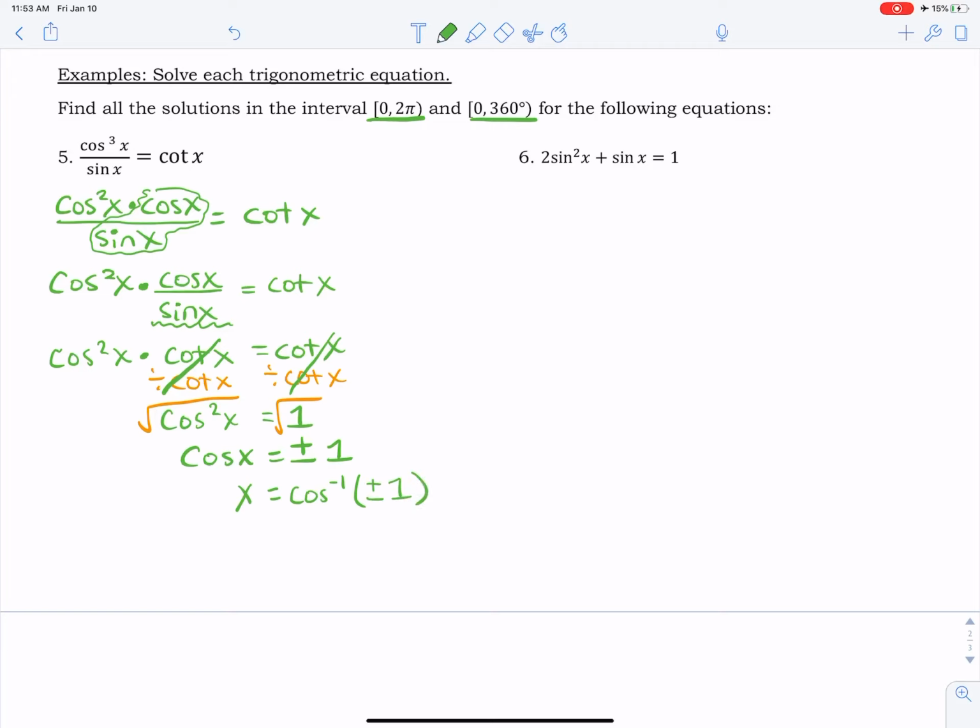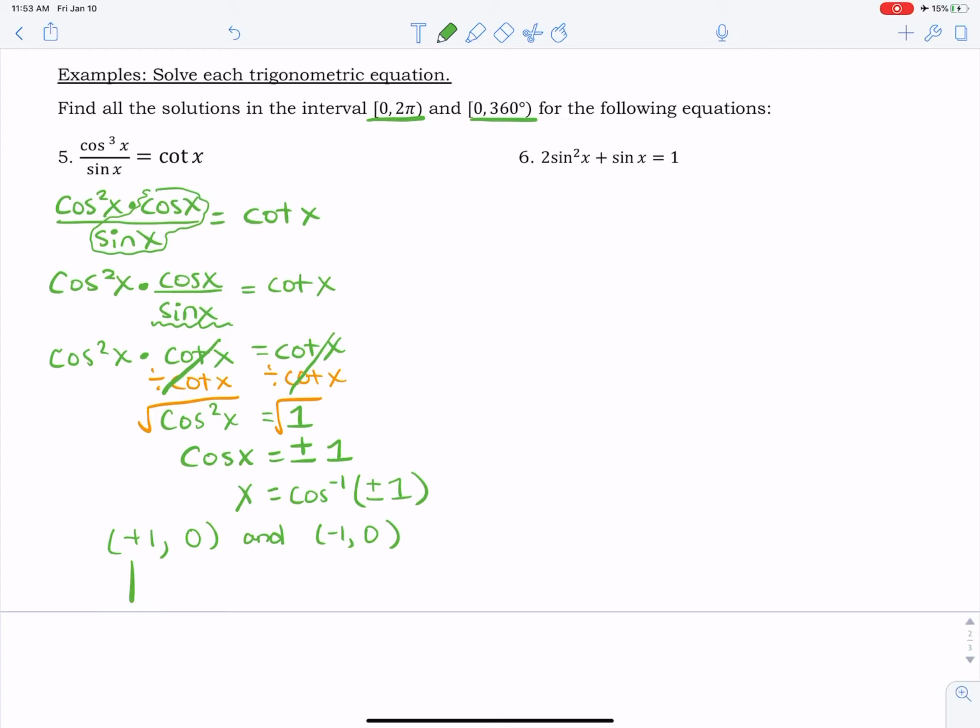And so you have to think to yourself, what angle has a cosine of positive 1, 0, and negative 1, 0? That is what you are asking yourself.